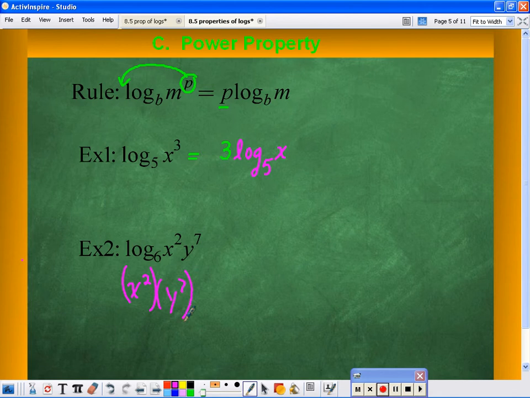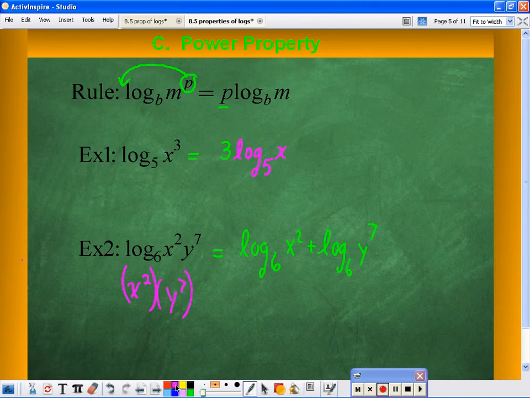When they're side by side, that implies multiplication, right? So in logs, what does multiplication transfer to? Multiplication transfers to addition. So log base 6 of x squared plus log base 6 of y to the 7th.